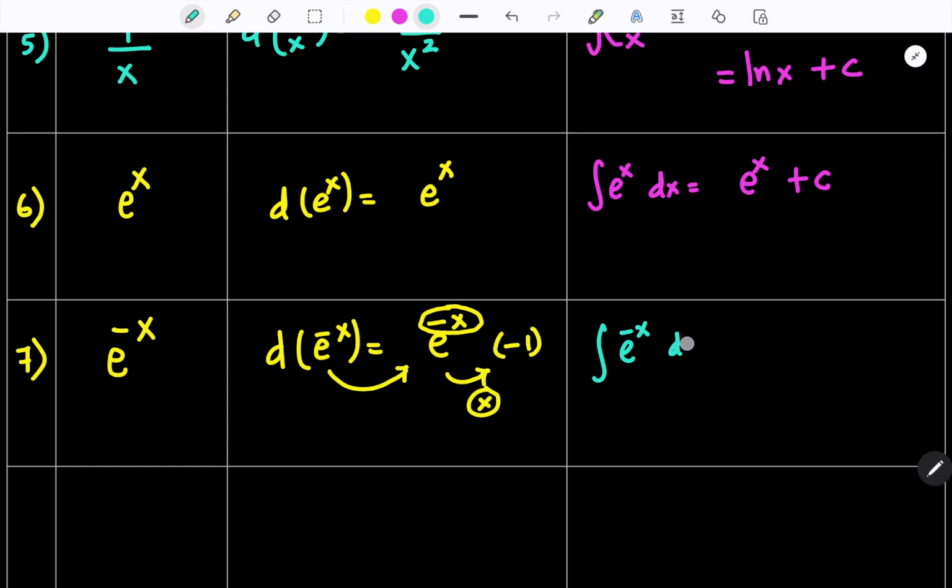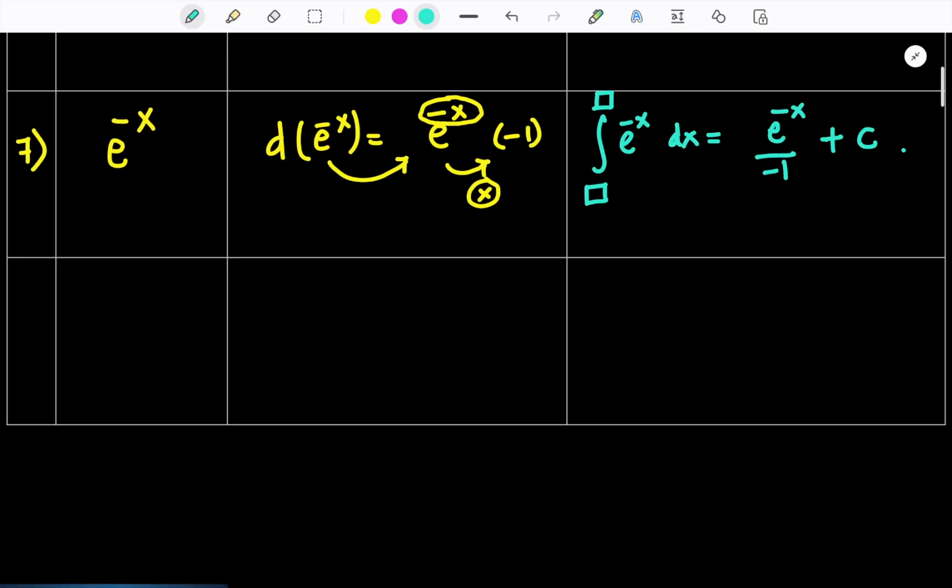Integral of e power minus x dx is equal to e power minus x divided by minus 1 plus integrating constant C. Every time you should write integrating constant C. Suppose you have limits over here, at that time C will be removed. You are not supposed to put C.